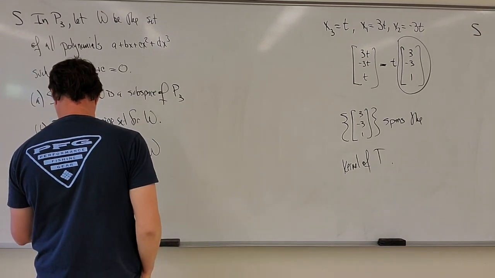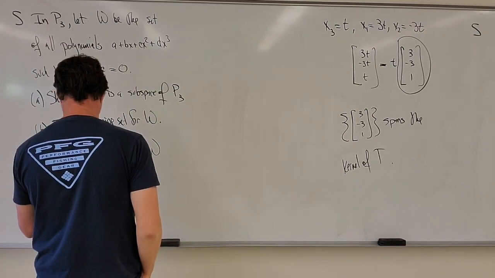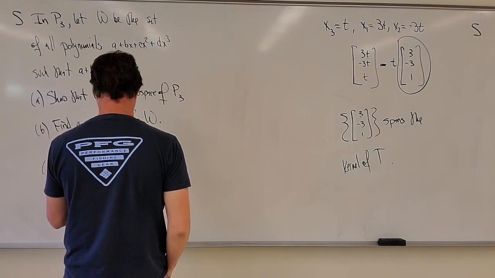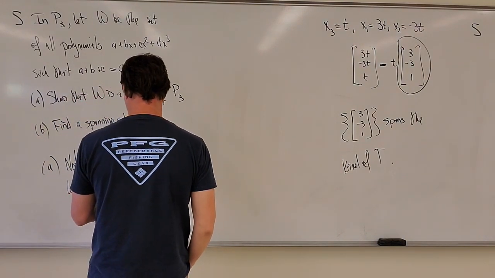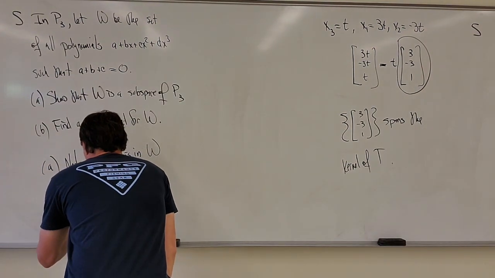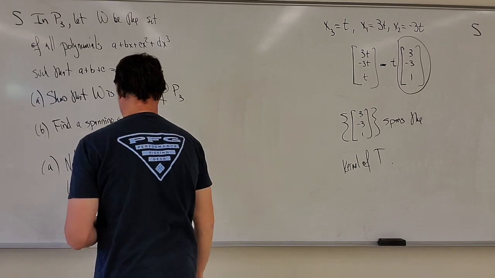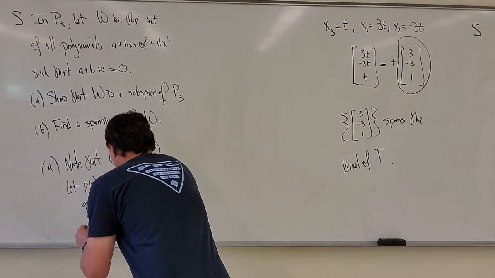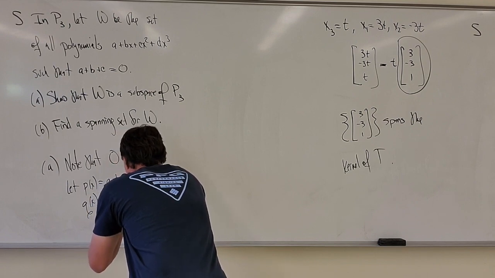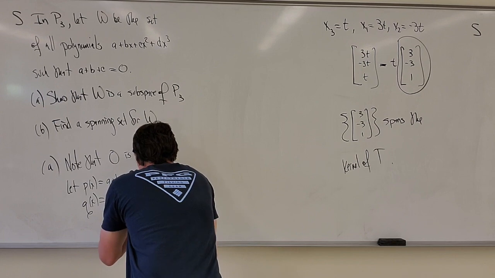So let P of x be A plus B x plus C x squared plus D x cubed. Q of x is going to be, I need to use some other symbol, how about A bar plus B bar x plus C bar x squared plus D bar x cubed.